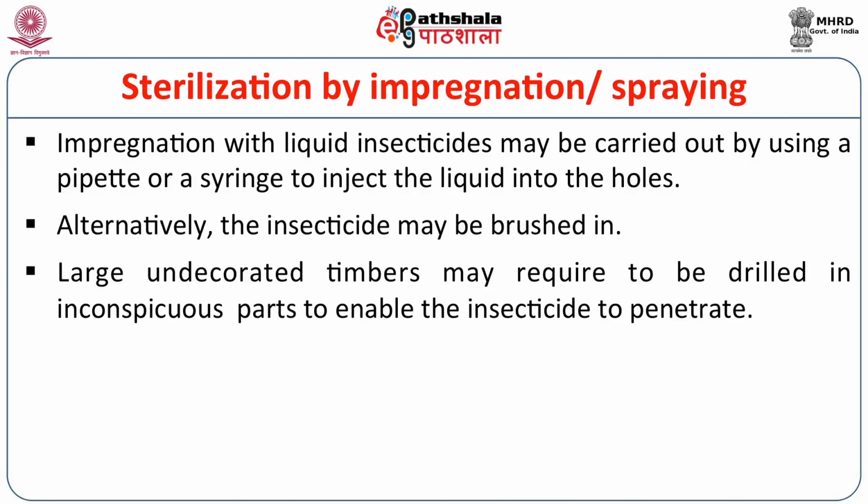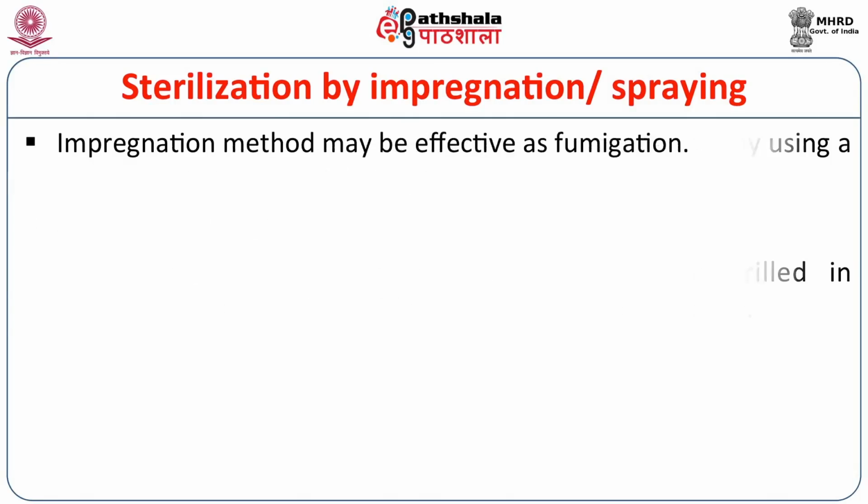Large undecorated timbers may need to be drilled in inconspicuous spots to enable the insecticide to penetrate. Here we can use a syringe for the penetration of the insecticide into the insect holes.